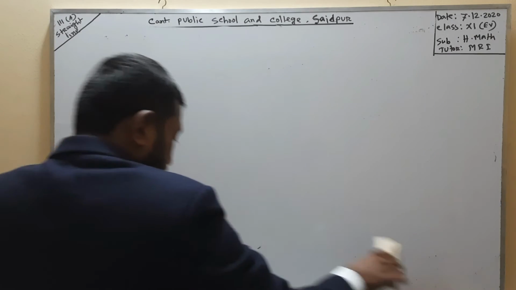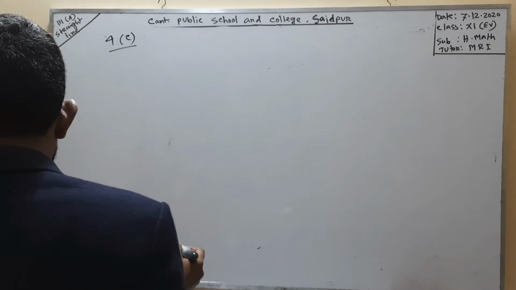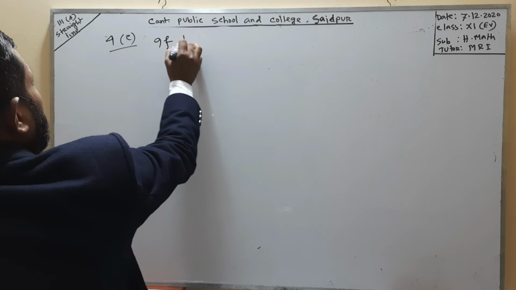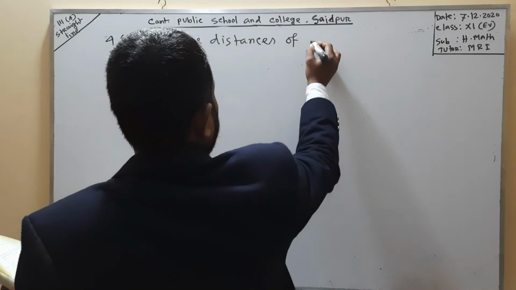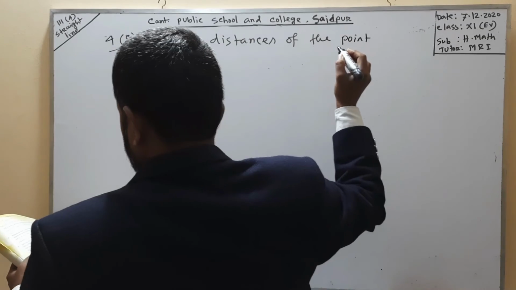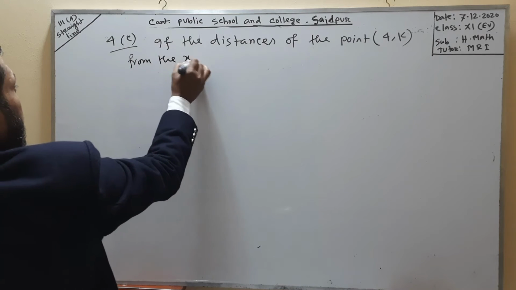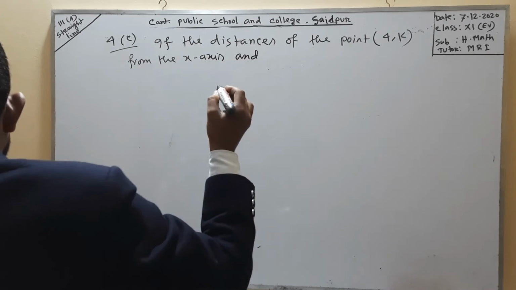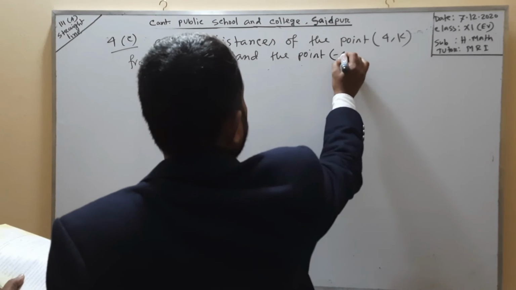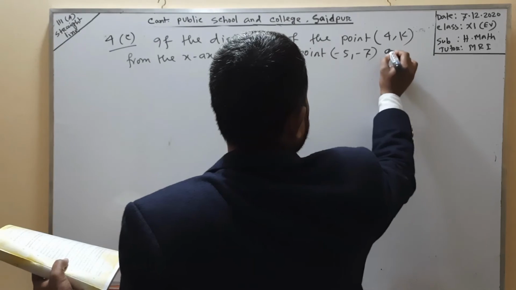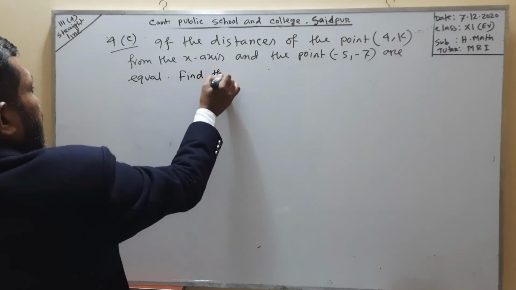Another one, 4C. If the distances of the point 4 comma k from the x-axis and the point -5 comma -7 are equal, find the value of k.